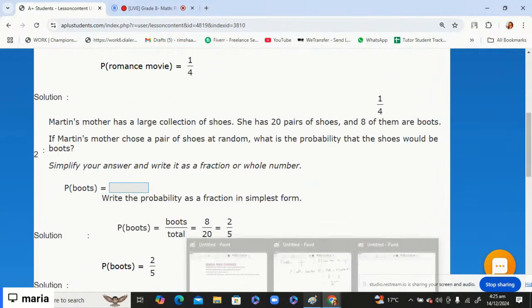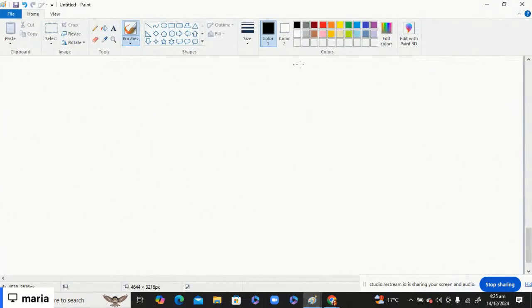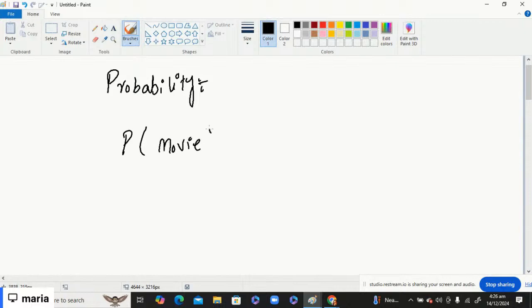Now let's see this one. So the probability for that movie.